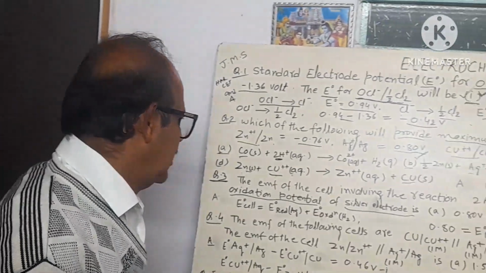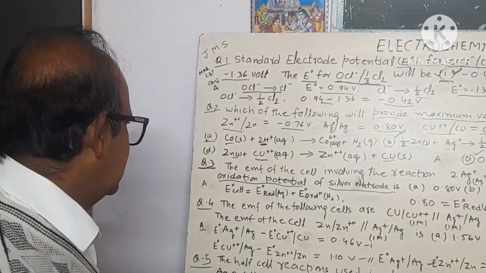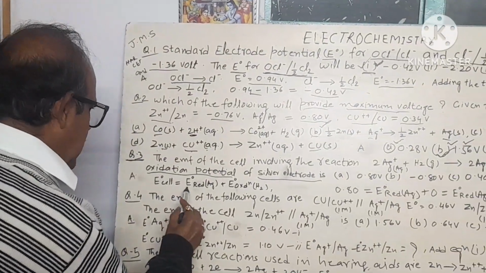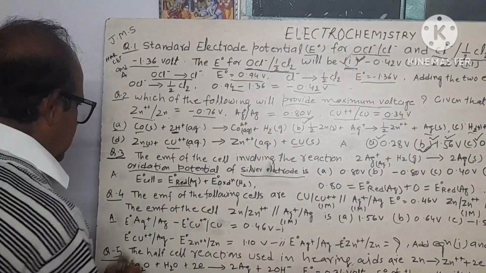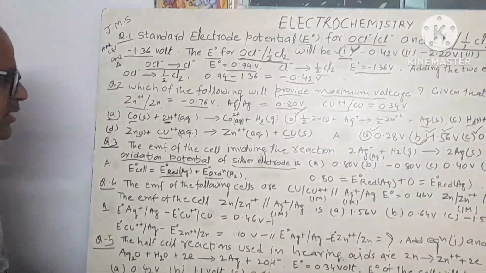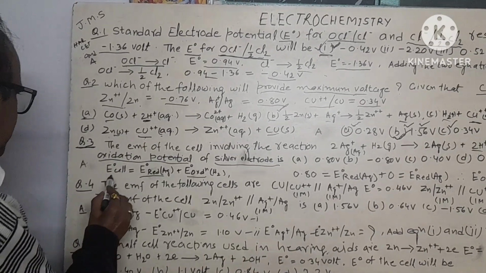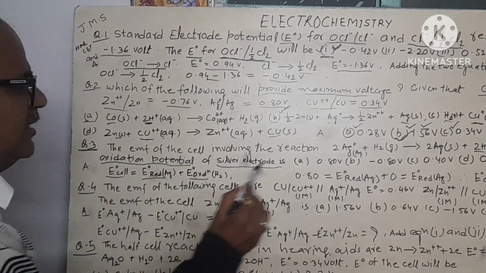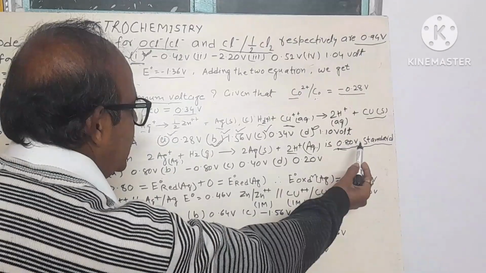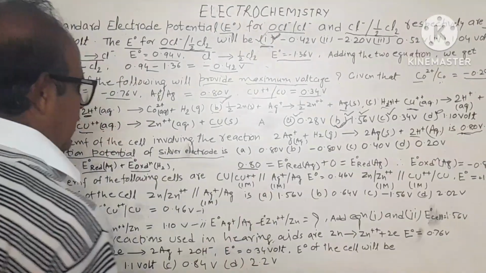Here, E cell is equal to E reduction plus E oxidation. In the question, E cell is given as 0.80 volt.